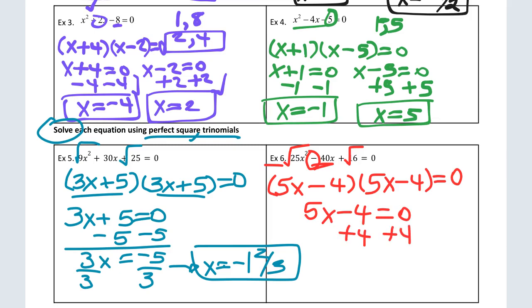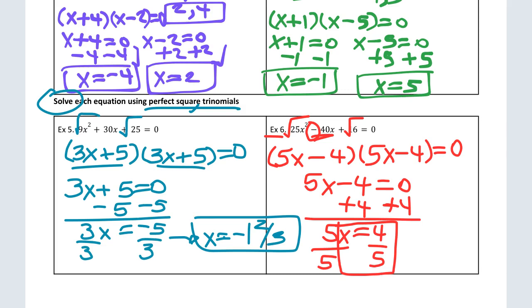Solve for x. Add 4 to both sides of the equation, followed by dividing by 5. Therefore, x equals 4/5.